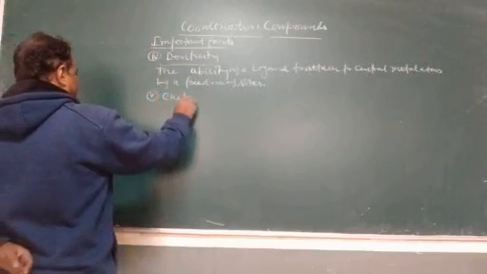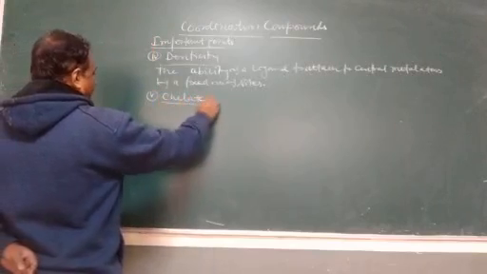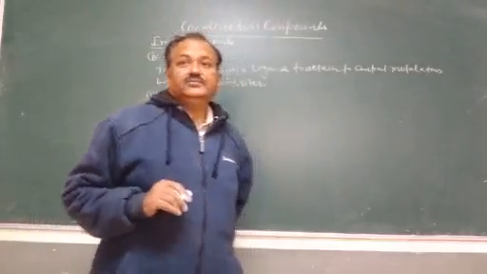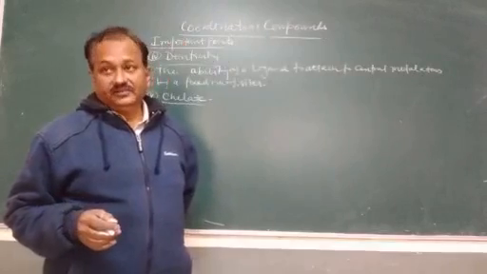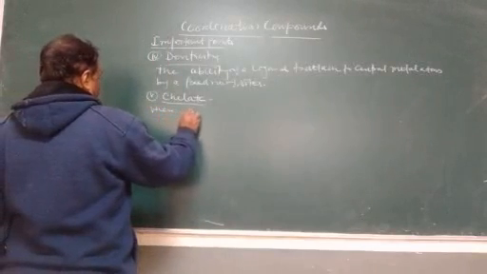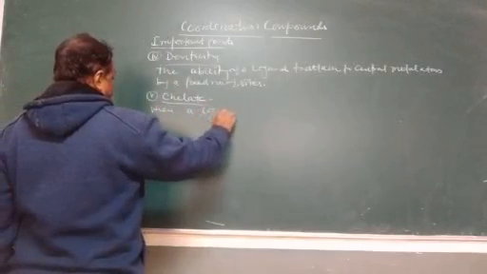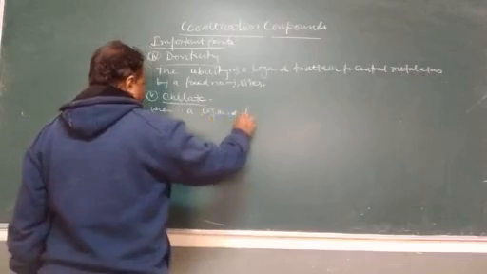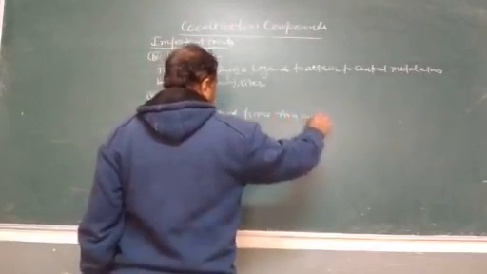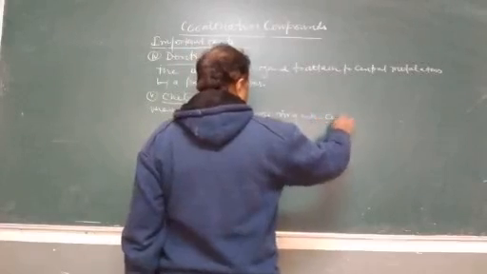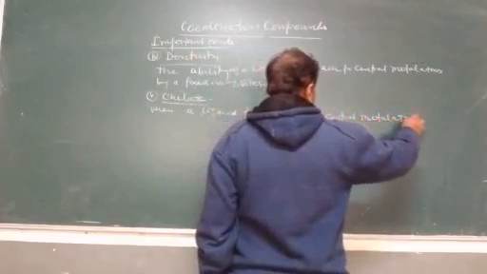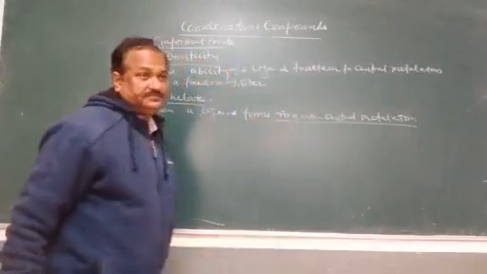Next is chelate. Chelate is a special type of ligand which forms a ring. When a ligand forms a ring with the central metal atom, there is formation of a ring.